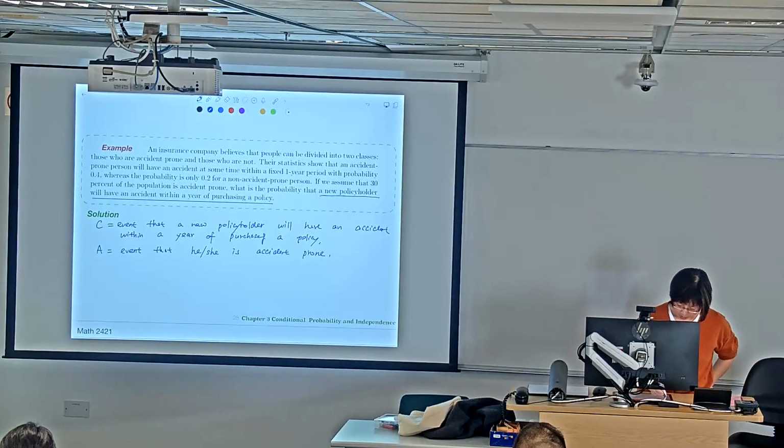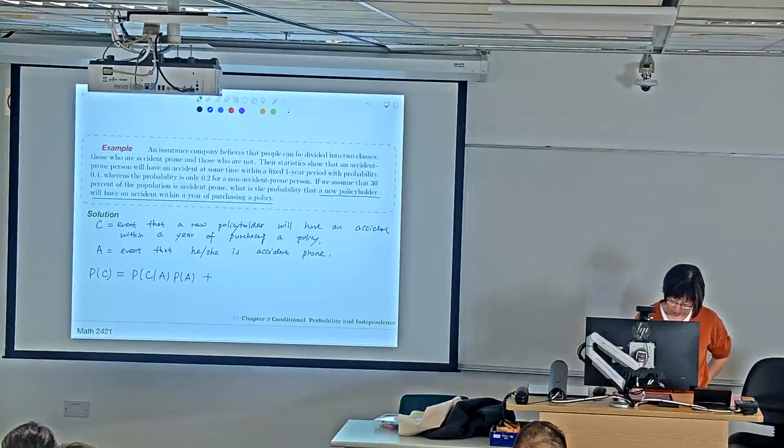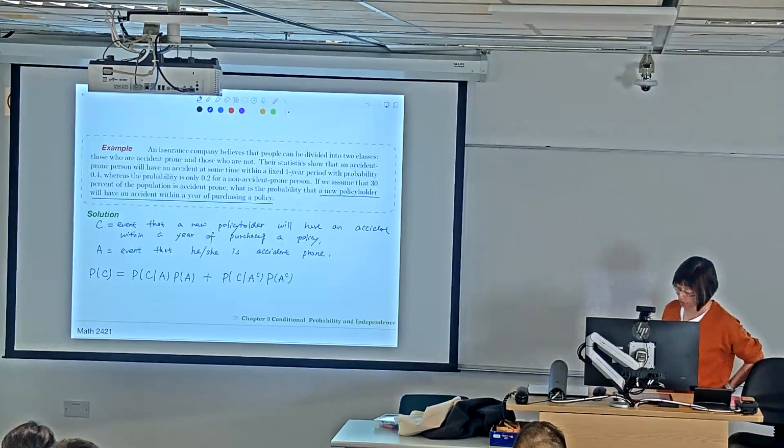We want to compute the probability of C depending on whether he's accident prone or not. So this is the total probability formula: we compute the probability as a weighted average of the probability of C, conditioning on whether A occurs or not. Let me first write down this formula, and we plug in the numbers given.